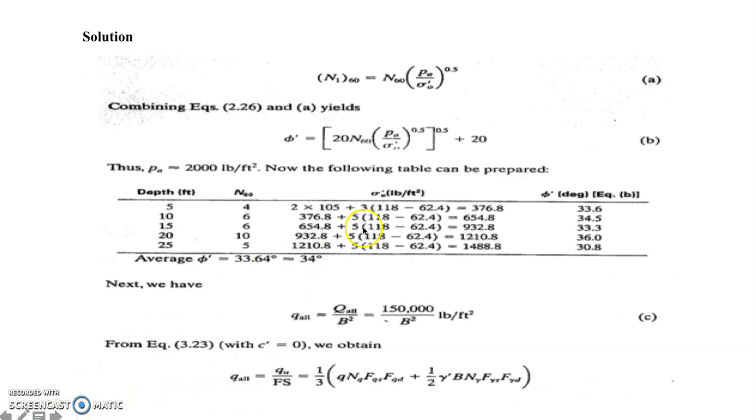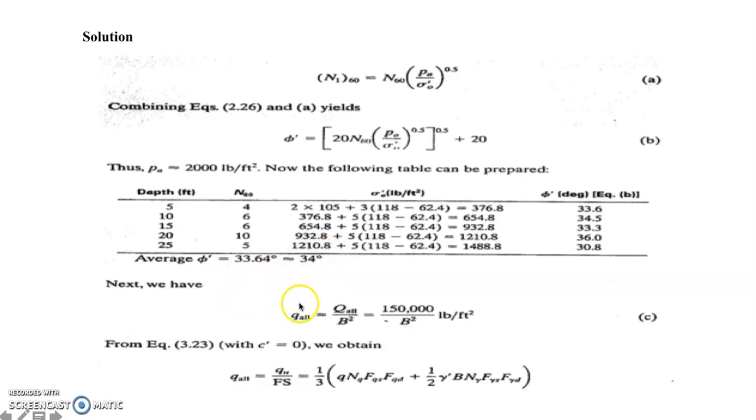So you have 3 times 118, the saturated unit weight, subtracted by the unit weight of the water, so you get this equation. Then for the succeeding depths, you add to this value 5, the depth, times the saturated unit weight subtracted by the unit weight of water, and so on. So you also get the average angle of friction, which is 34 degrees.